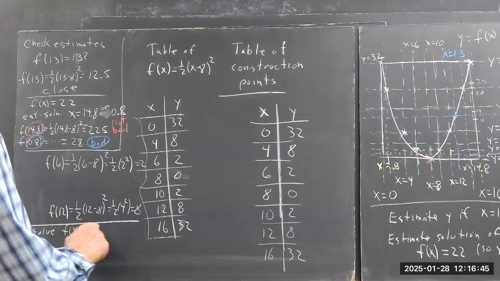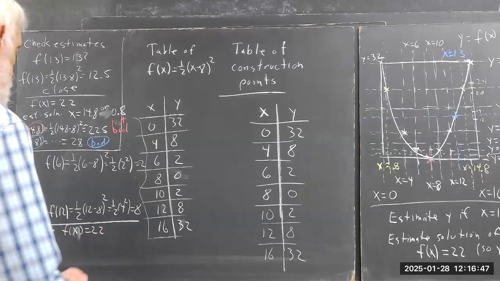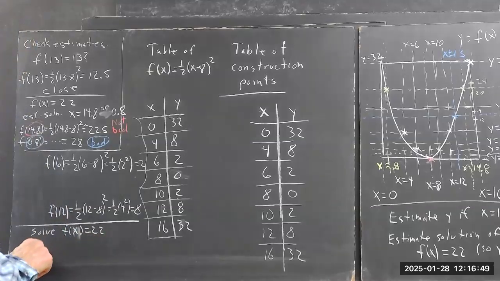We solve f of x equals 22. Well, that is 1/2 of (x minus 8) squared equals 22, right? Okay. How do you solve that equation? Well, you multiply both sides by 2.